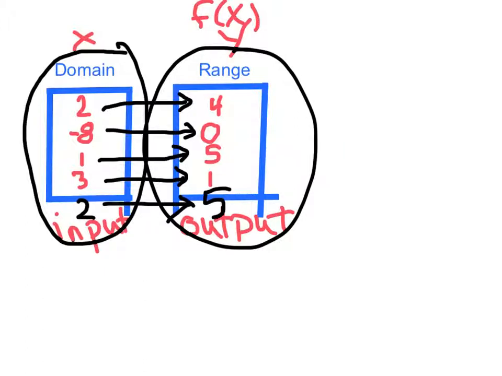Okay, then this means, because we have 2 of the same right there, 2 and 2, and the range is different, our output is a different number, that means that it would not be a function. But obviously, this isn't in the problem. Okay, I just did that just to show you.